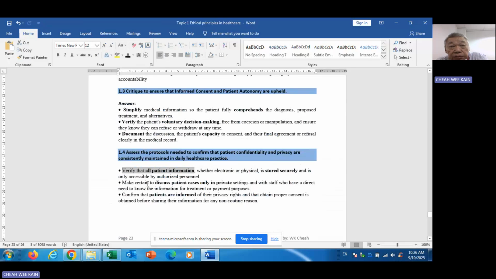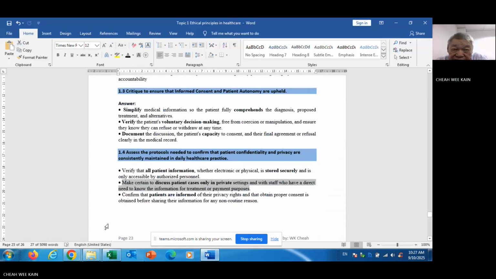How do you verify? Password control, key control, equipment control. Are there such protocols? Make certain to discuss it only in a private setting and with staff who have a direct need to know the information for treatment.